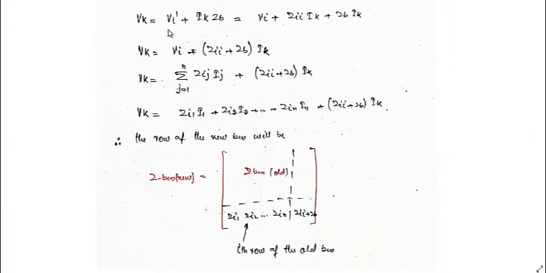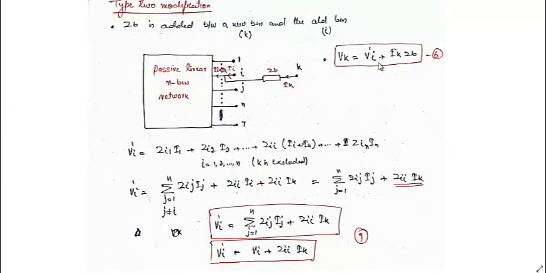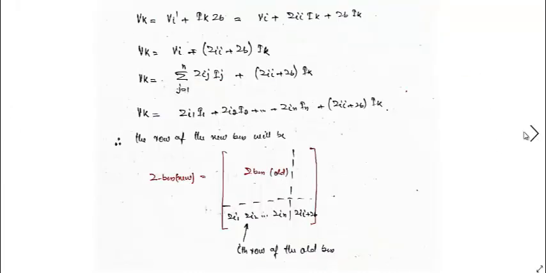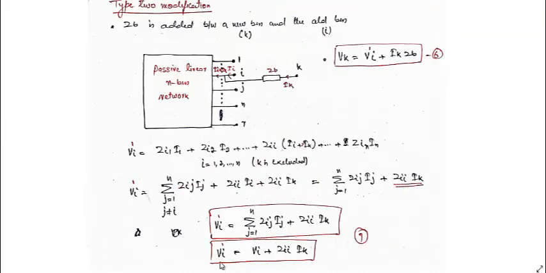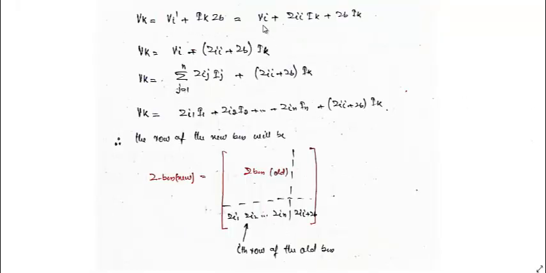VK is equal to VI dash plus IK ZB. But VI dash is now VI plus ZII IK. So I can write it as VI plus ZII IK plus ZB into IK, because this comes out from this VI dash.